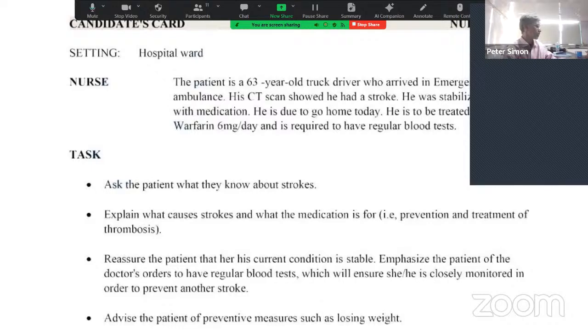Very good. Srija: Mr. Michael, I can really understand your concerns. Again, I'm here to explain everything related to stroke. However, before that, let me know what you know about stroke.